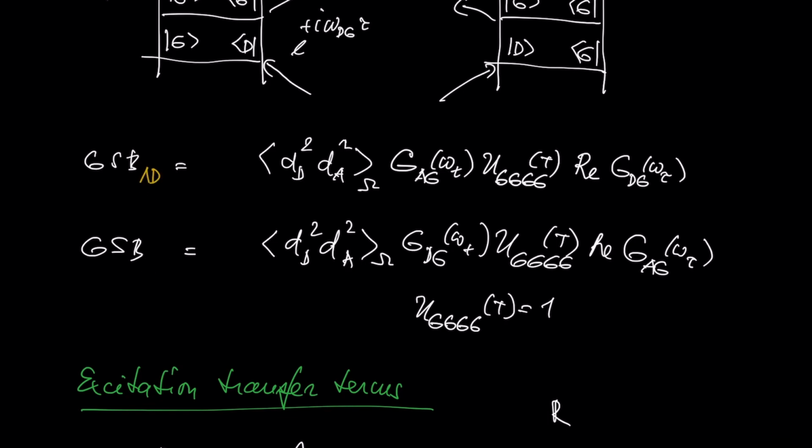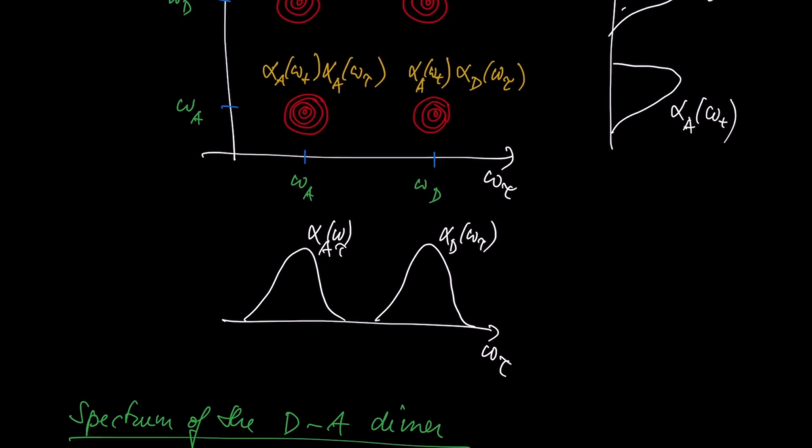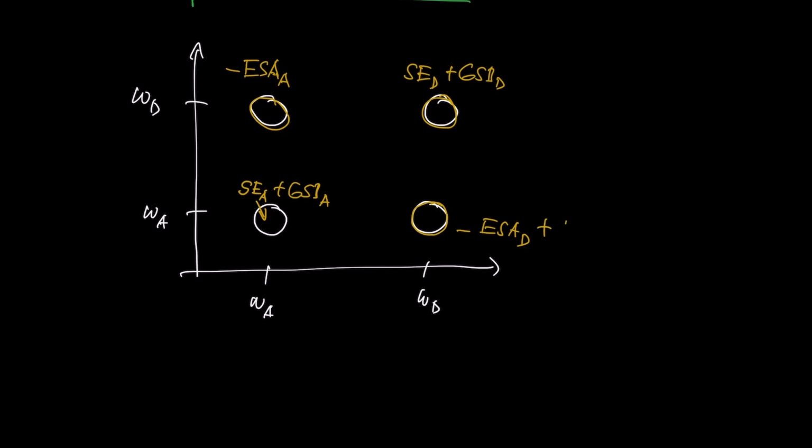It's from D to A and from A to D. Okay, we can use both of them already, and if it starts at D and goes to A, then it has to be down here. So this is going to be plus ground state bleach starting at D and going to A, and here plus ground state bleach starting at A and going to D.